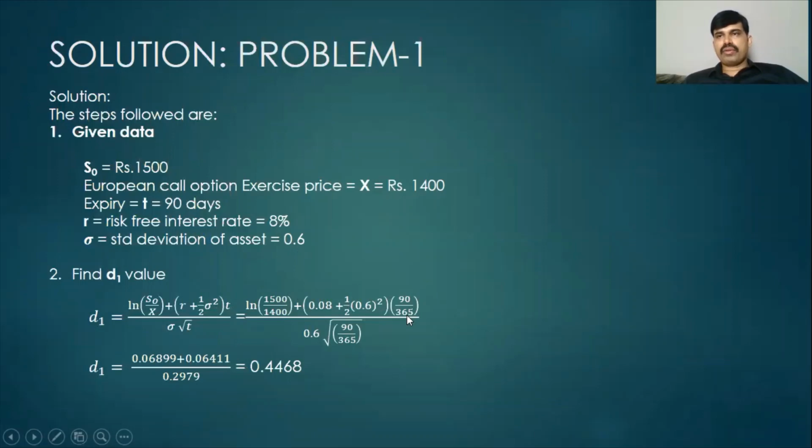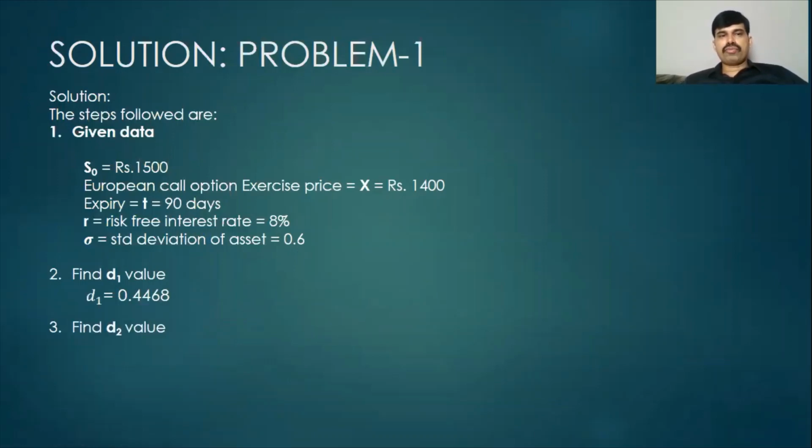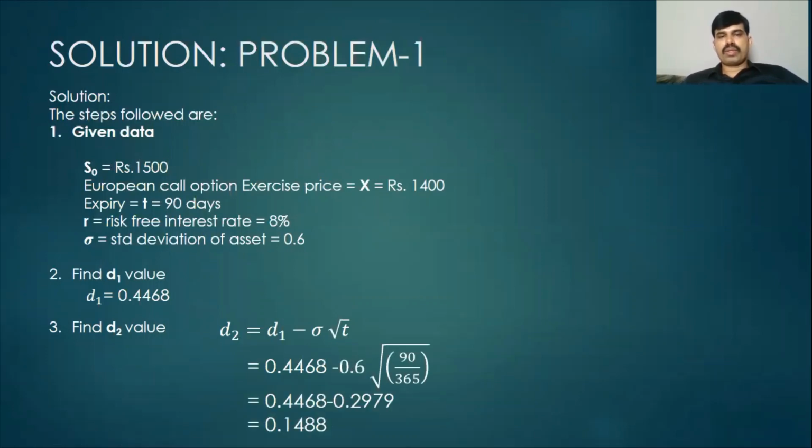The D1 value will be 0.4468. Similarly, the value of D2 will be D1 minus the standard deviation times root T, which equals 0.1488.